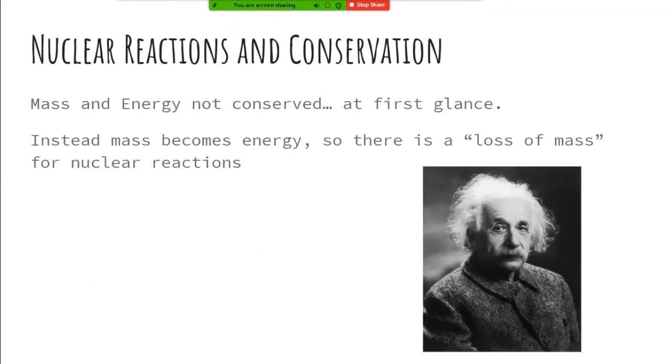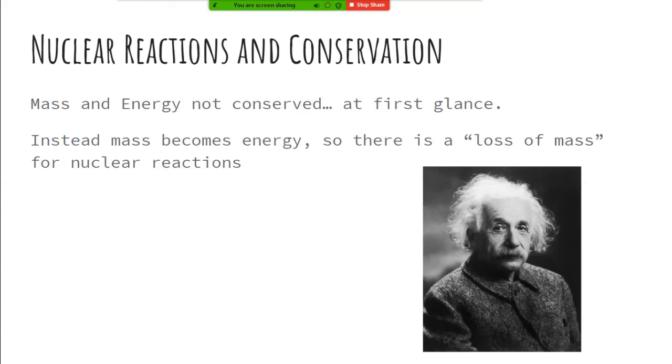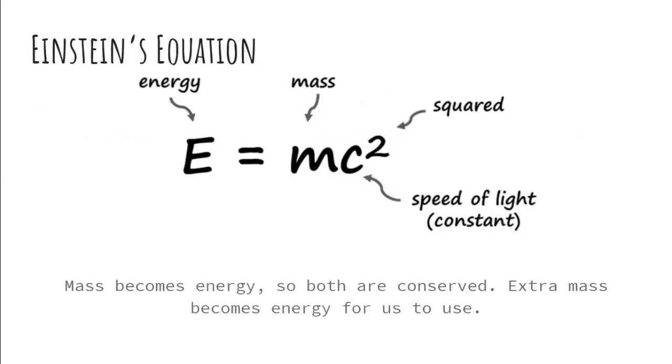But there's a reason for that, and this was discovered by Einstein himself, and you'll probably know of his famous equation. Mass can be transformed literally into energy, so there can be a loss of mass in nuclear reactions. But that mass is transformed into energy.